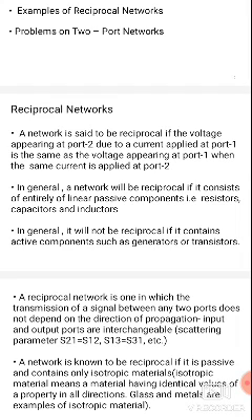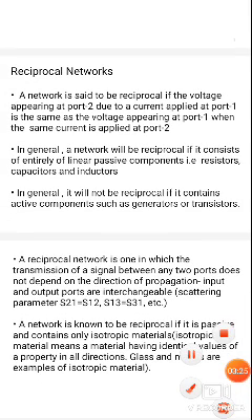So, a network is said to be reciprocal if the voltage appearing at port 2, that is V2, due to current applied at port 1, that is I1, is the same as the voltage appearing at port 1, that is V1, when the same current is applied to port 2.